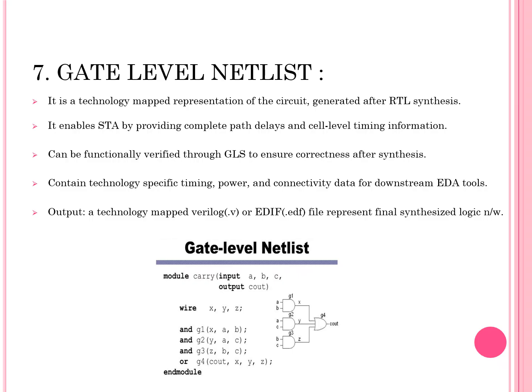The netlist contains technology specific details like timing, power, and connectivity used by downstream EDA tools. The final output is a technology mapped Verilog or EDIF file representing the fully synthesized logic network.